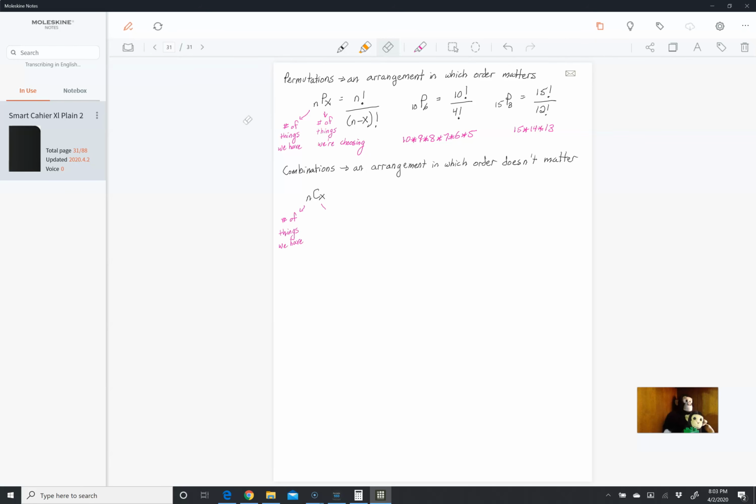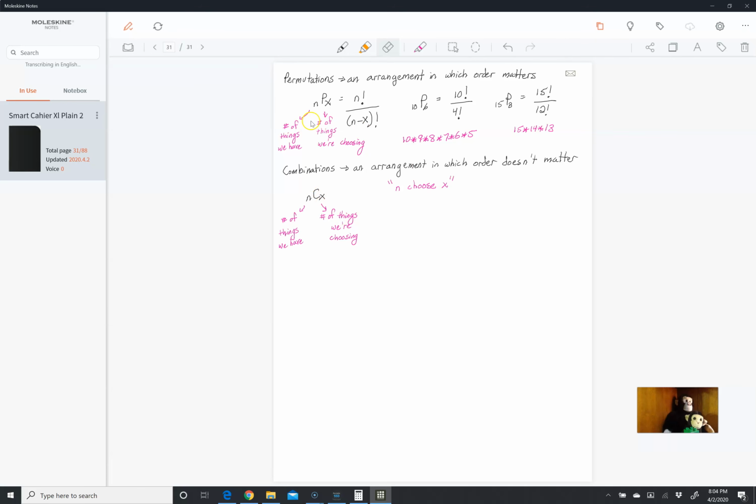And the x is the number of things that we're choosing. We'll say nCx, but a lot of times you'll hear it pronounced as n choose x. We're choosing x things.